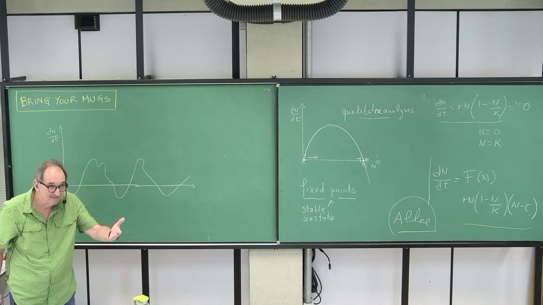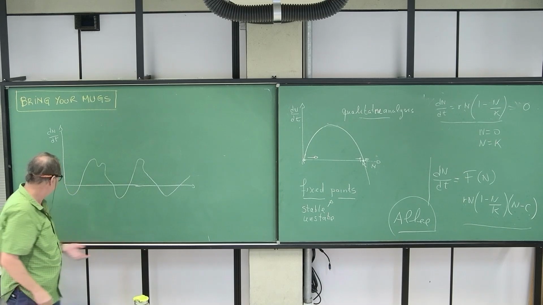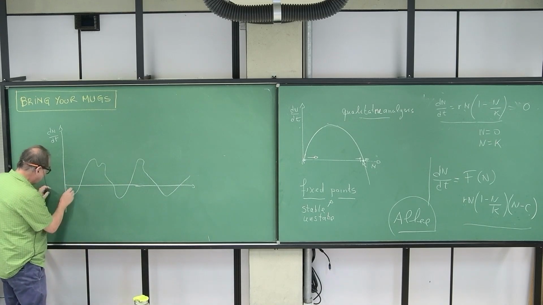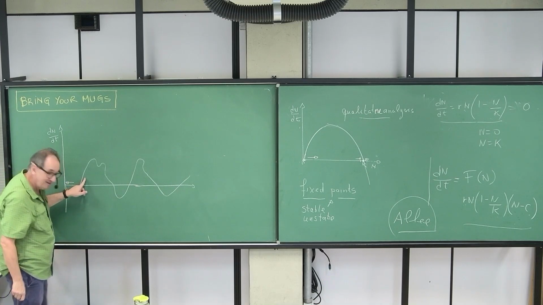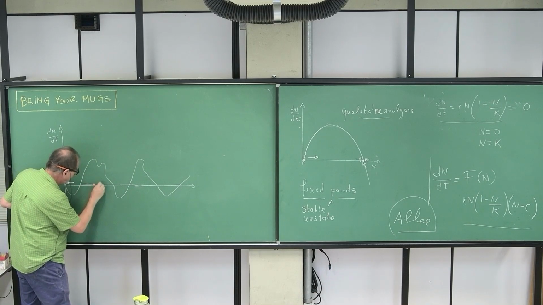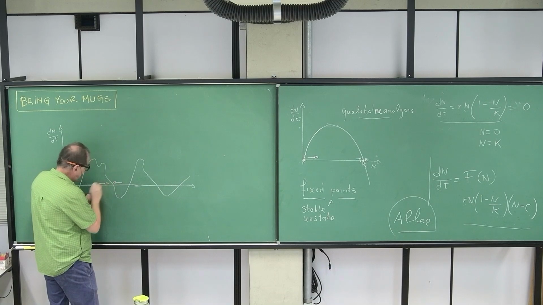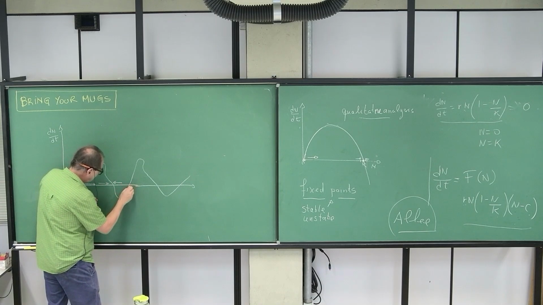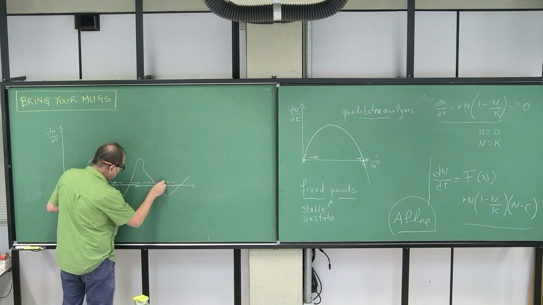And then the game is exactly the same. Here the derivative is negative. If I start here, I go this way. Here the derivative is positive. If I start here, I go this way. Here the derivative is negative, it goes this way. Here the derivative is positive, it goes this way. Here it goes again this way.